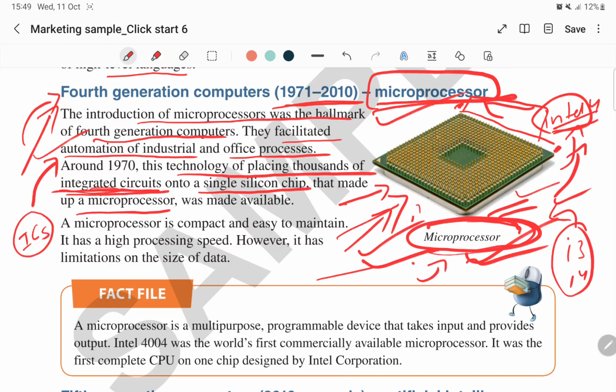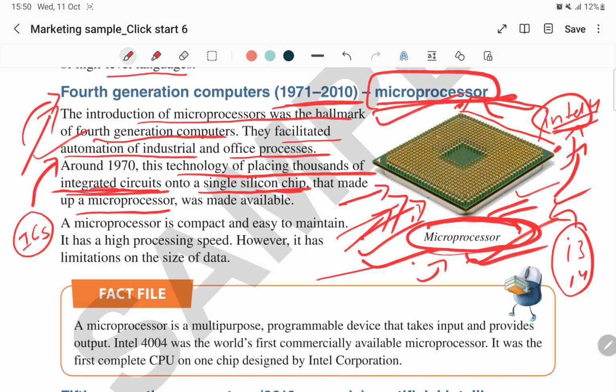That green board is nothing but a single silicon chip, an electronic chip made of silicon metal.